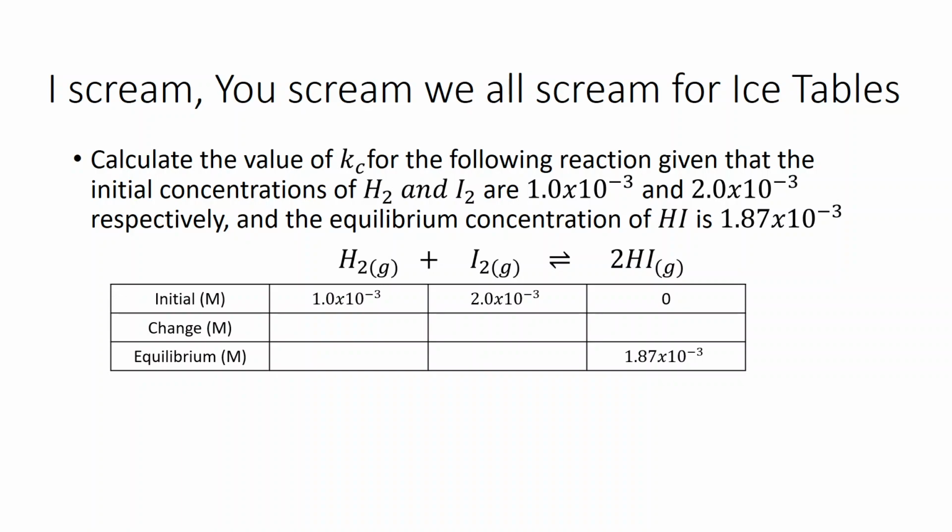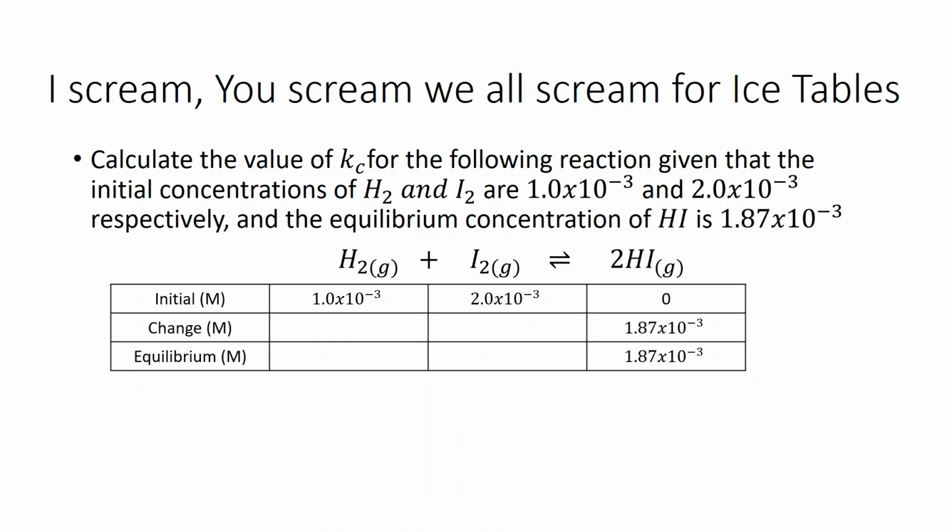Then we have an equilibrium concentration for our product, hydrogen iodide, so we fill in all of those. We can then fill in the change for our product, because if we started with 0 and ended with 1.87 times 10 to the negative 3, we had a change of positive 1.87 times 10 to the negative 3 molar.